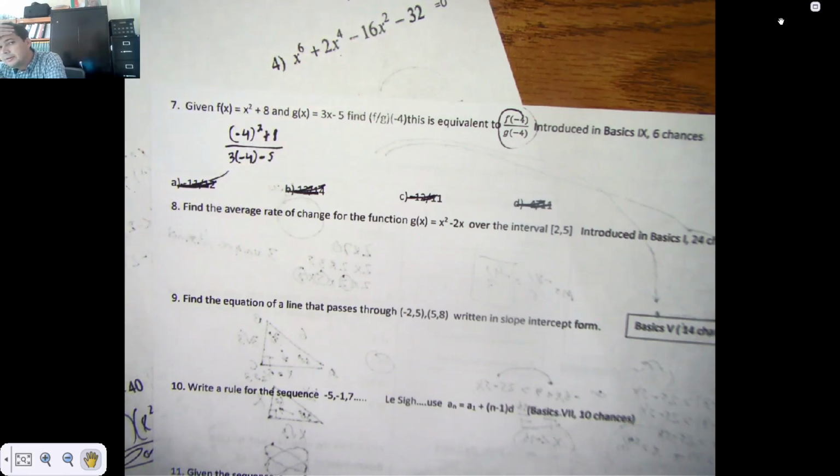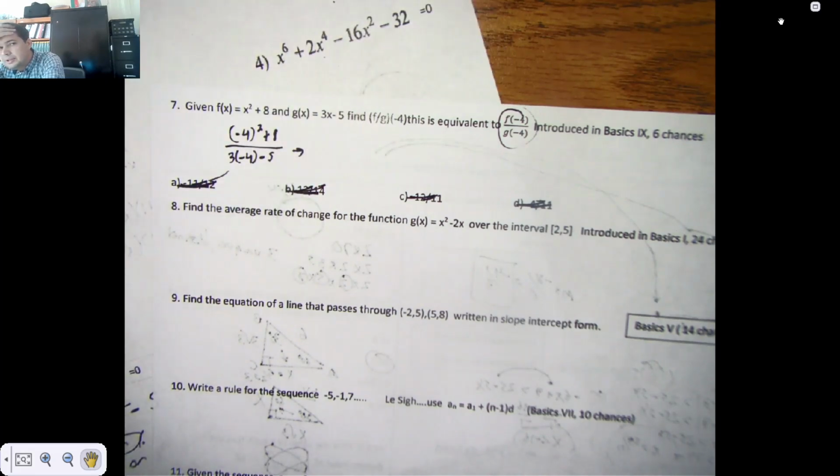It says find f of -4, which means we take a -4 and we plug it in, over g of -4, which means we take a -4 and we plug it in. And then we just crank out the math. Take a -4 and square it, you get 16.